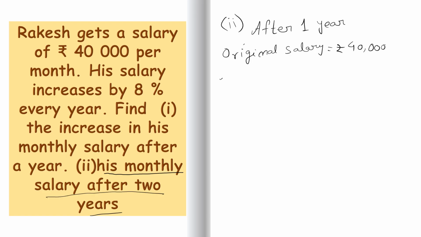But after 1 year, he got an increment. After 1 year, increase in salary, what was the amount? 8% increment he got. So what was the amount that we obtained after calculation of 8% of 40,000? We got rupees 3200. So this is the increment.